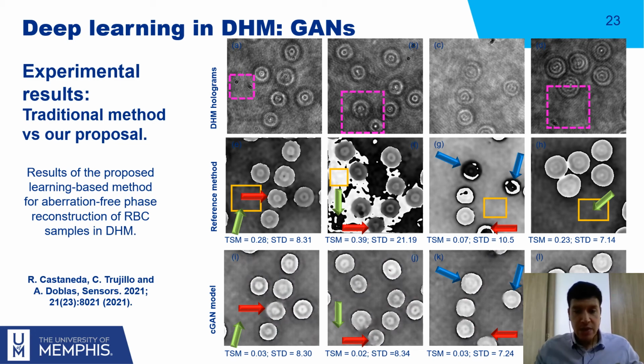the traditional method, we see that although the traditional method can yield some very impressive reconstructions, at the same time it can also yield very non-compensated or very badly compensated images, as the ones that we see in the second and the third row.